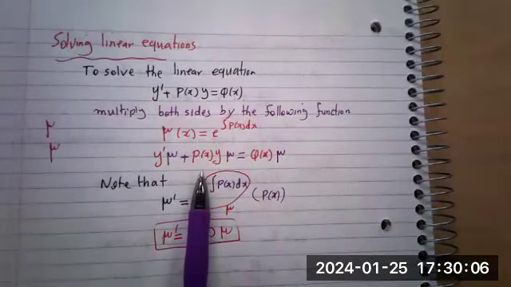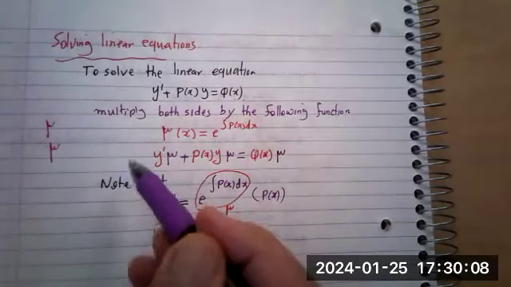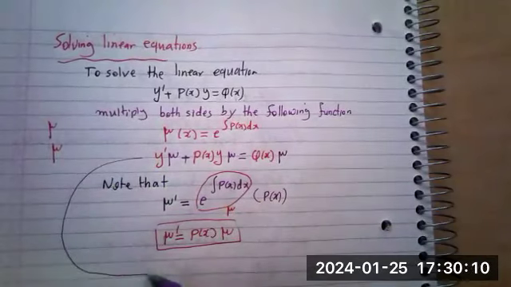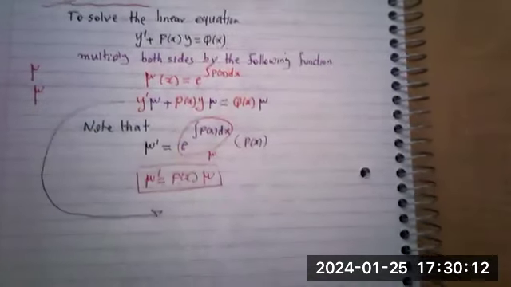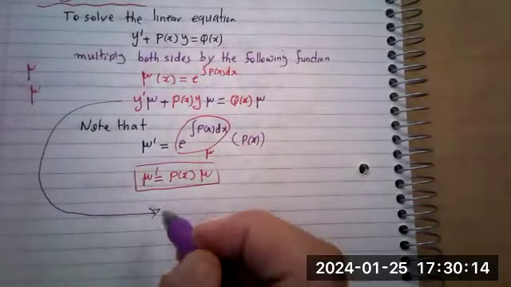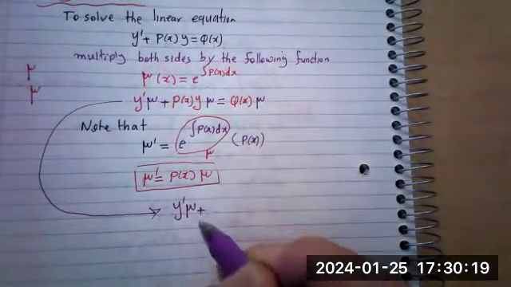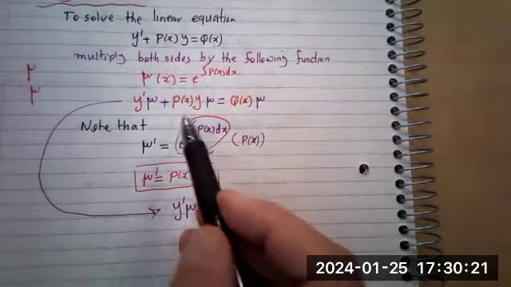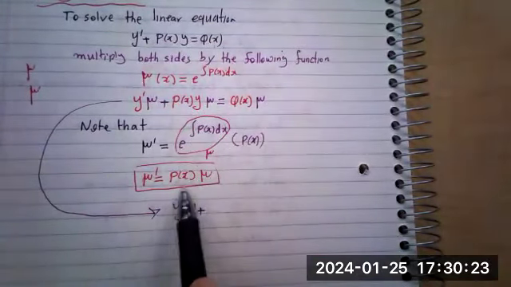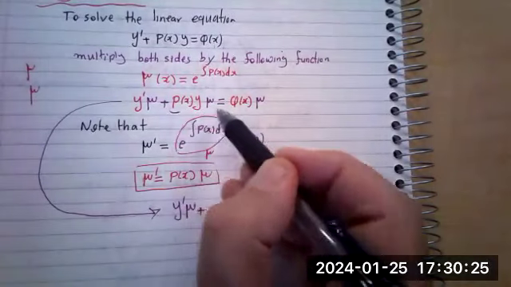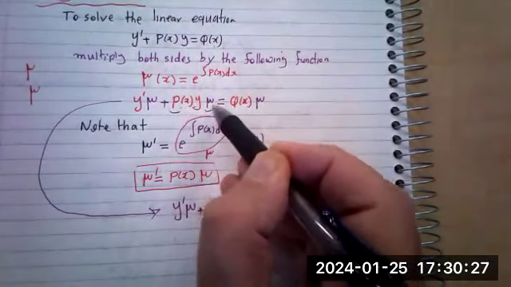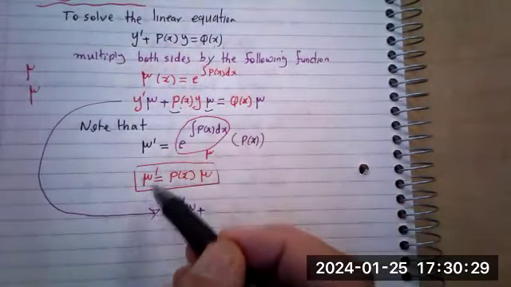So if you go back to your equation here, what you have now is y prime mu plus p of x mu times y. For the p of x mu, you replace it by mu prime.